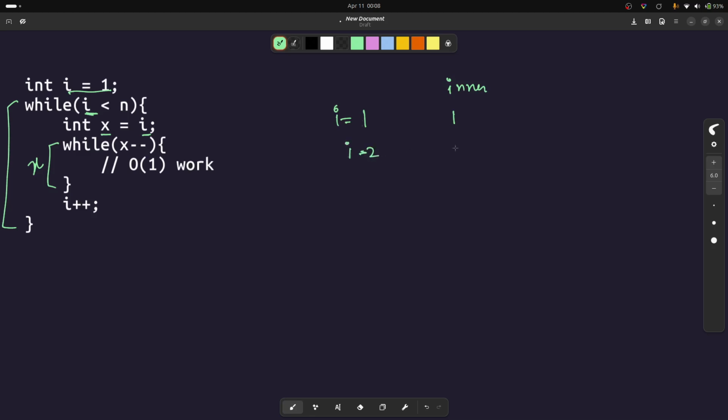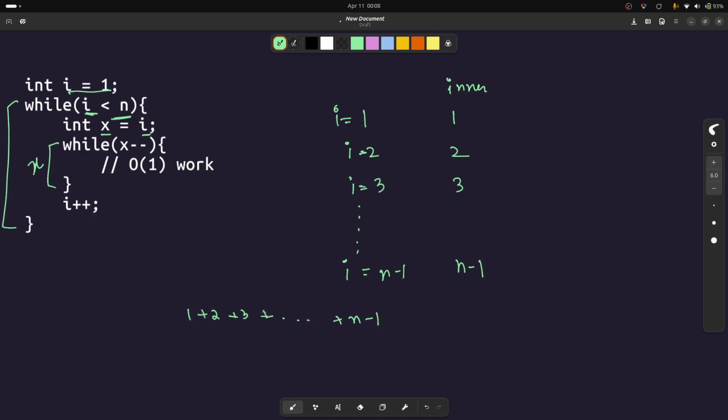For i is equal to 2, it will run 2 times. For i is equal to 3, it will run 3 times. It keeps on going up to the last value of i, which is n minus 1, and for that, it will run n minus 1 times. So total work done is 1 plus 2 plus 3 up to n minus 1.